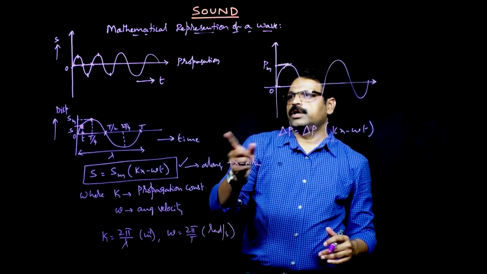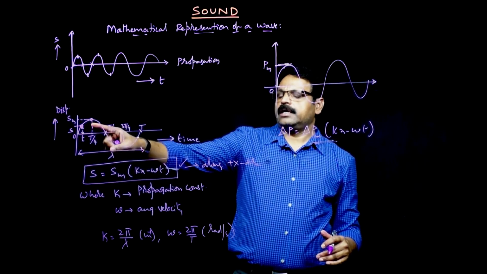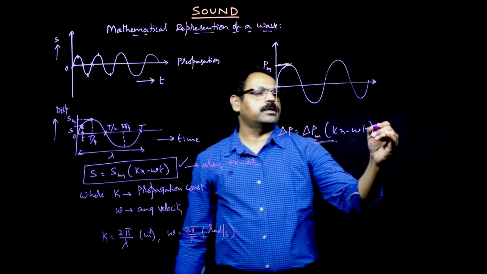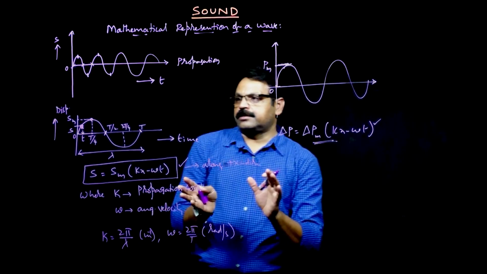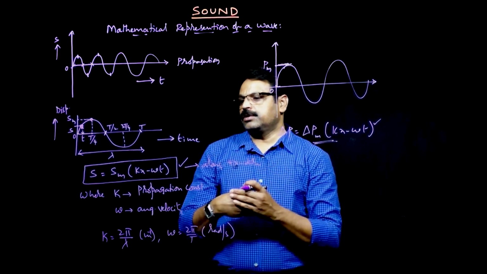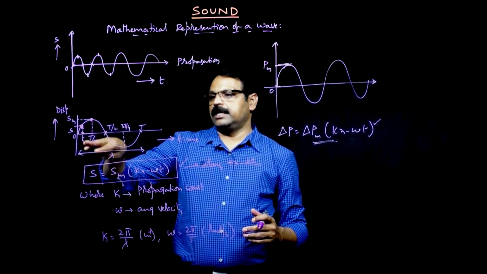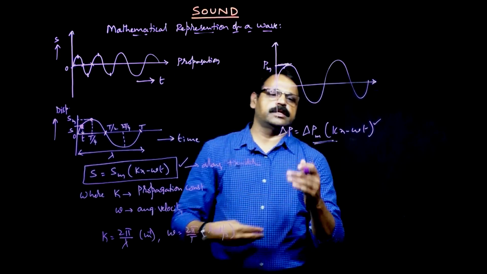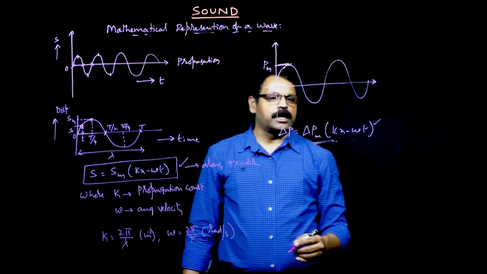So this is how you can represent the displacement of a particle during propagation as well as pressure changes during the propagation. Using these mathematical relations, you can calculate the velocity associated with the particle and the acceleration of the particle. All the other things you can calculate easily by using this mathematical representation.